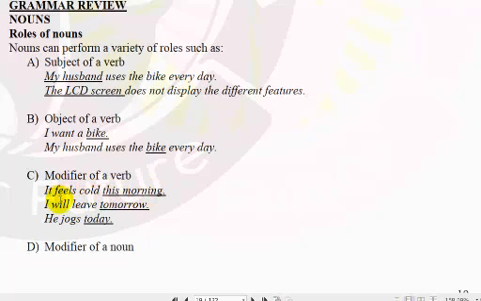I will leave tomorrow. Tomorrow modifies the verb "leave" because it tells you when the leaving is going to happen. He jogs today.